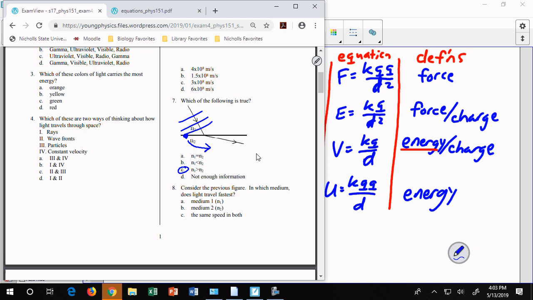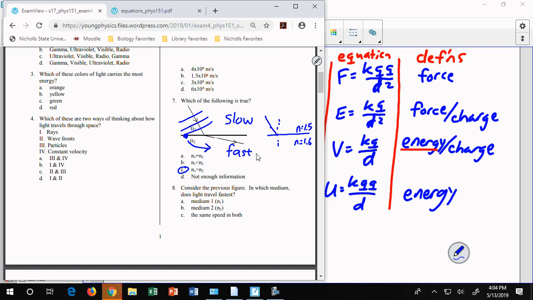A couple other things I could ask you too is, does it speed up or slow down? So here, is it going slow or fast? Well, we've already answered that. Here it's going slow, and here it's going fast. The other question I could give you is, let's say I give you n equal 1.5, n equal 1.6, or vice versa.